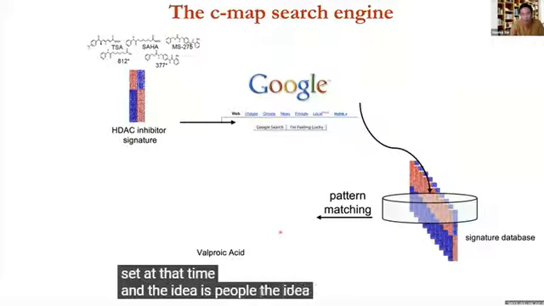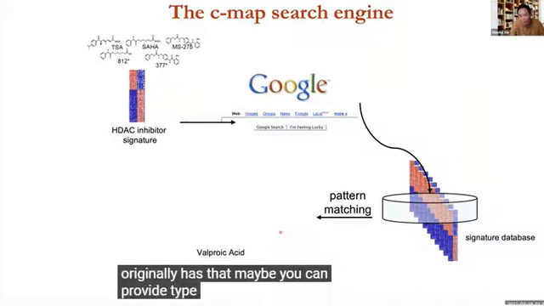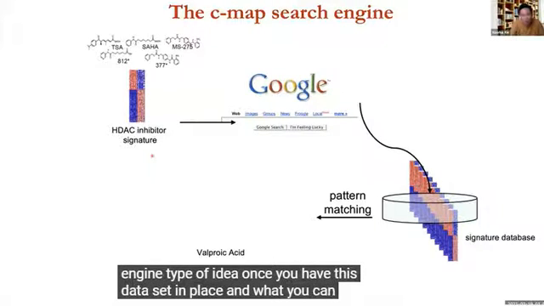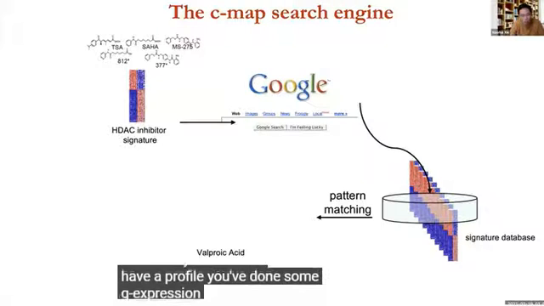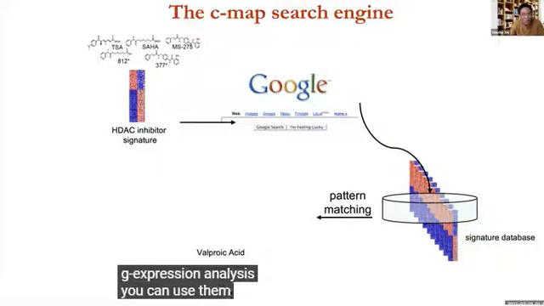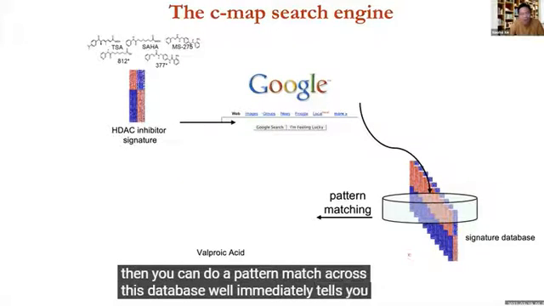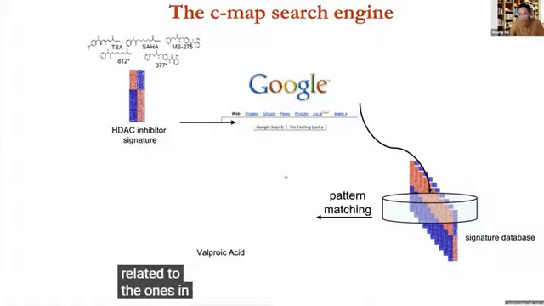The idea the authors originally had was to provide a kind of search engine. Once you have this data set in place, and you have a profile, say you've done some gene expression analysis, you can use it as a query and do a pattern match across this database. That immediately tells you how this particular perturbation is related to the ones in the database.